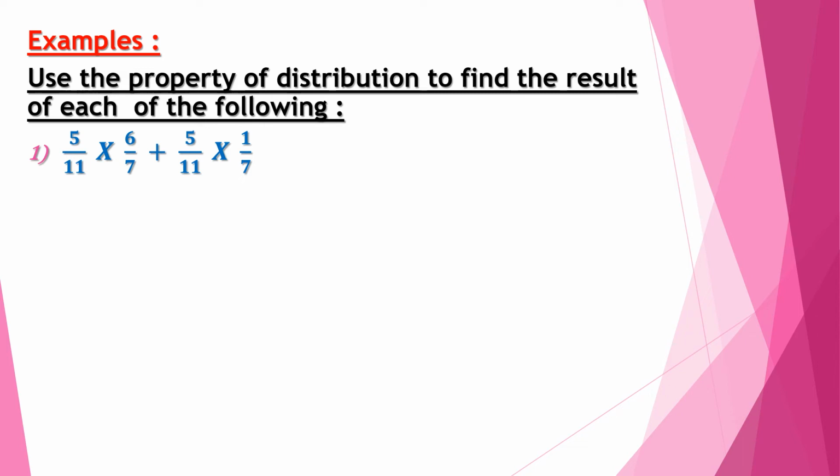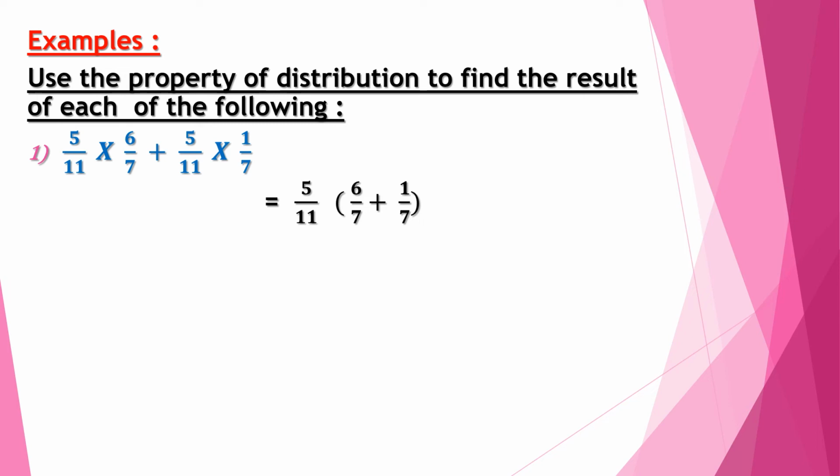In this example, we note that 5 over 11 is repeated 2 times, so we have it outside the bracket as a common factor: 5 over 11, open the brackets, write the other element which is multiplied by 5 over 11, which is 6 over 7 plus 1 over 7.